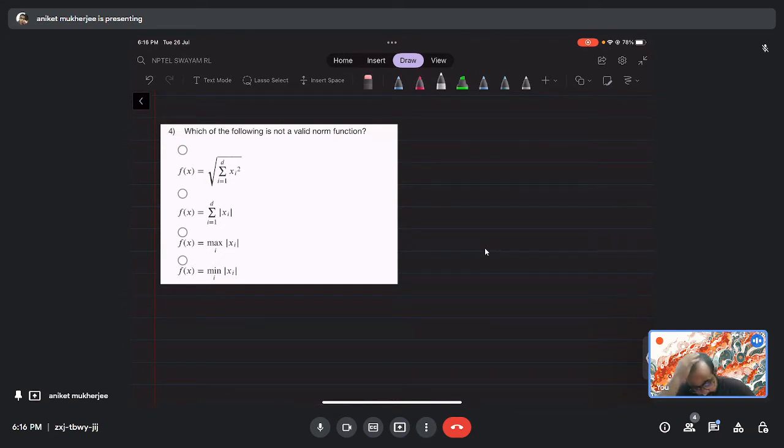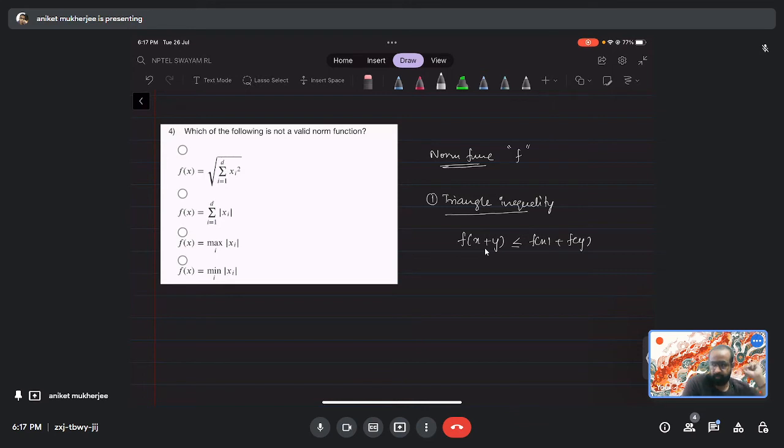Next I'm going to do the fourth question, where they have asked which of the following is not a valid norm function. First, let us define what a norm function is. A norm function has some properties the function needs to satisfy. One of them is the triangle inequality: f of x plus y should be less than or equal to f of x plus f of y.